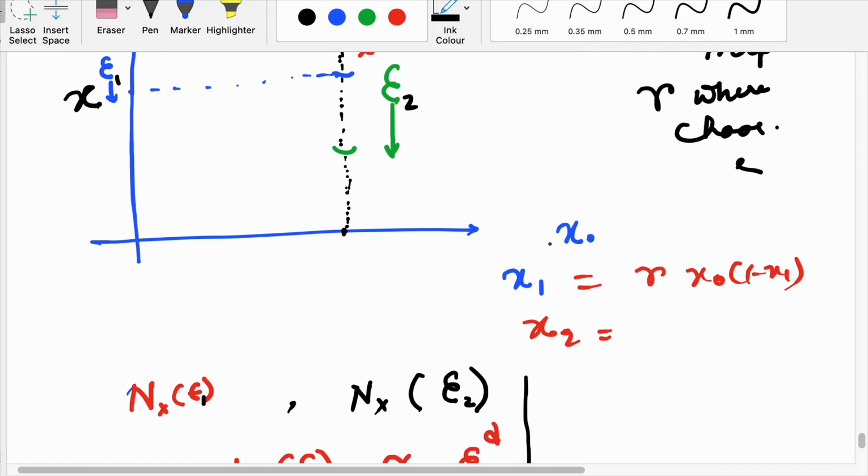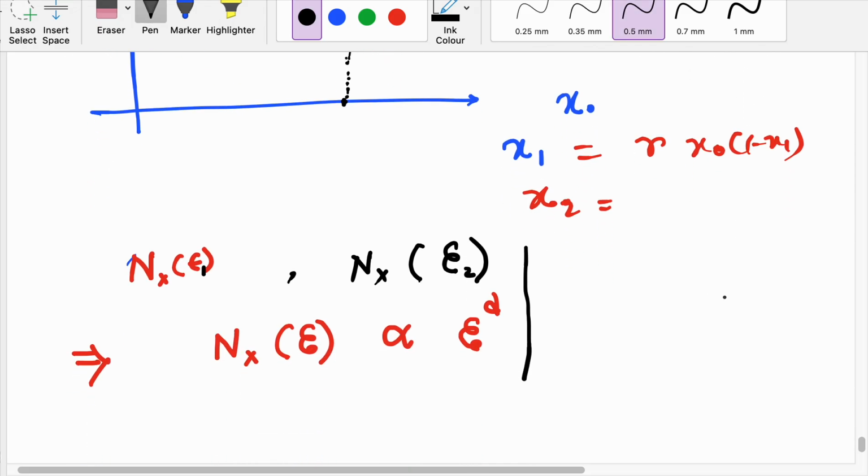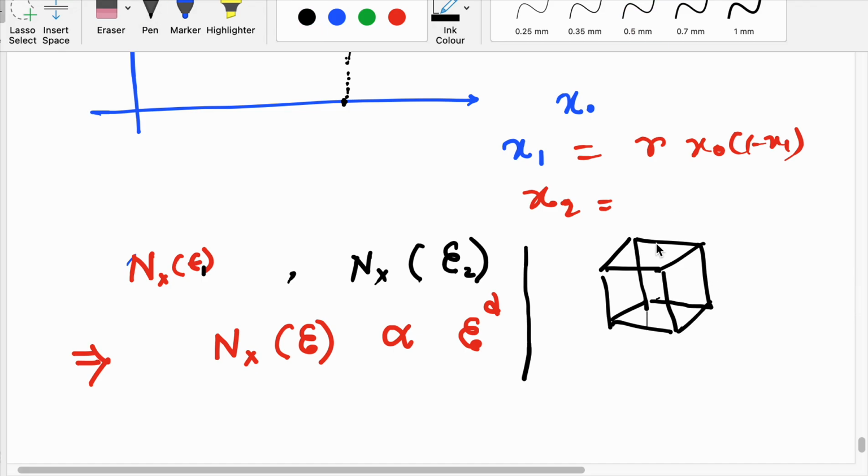Because this comes from intuition. Suppose there is a cube, and if you imagine very small marbles inside the cube, how many such marbles will there be?